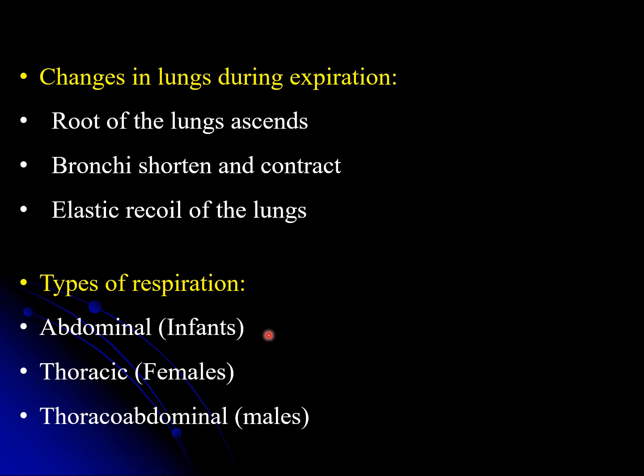So mainly the diaphragm is moving. That's why this type of respiration, which occurs in infants or small children, we name abdominal: they need their diaphragm to contract for inspiration rather than the intercostal muscles, because the ribs are horizontal, so they are not moving much along with the contraction of muscles.